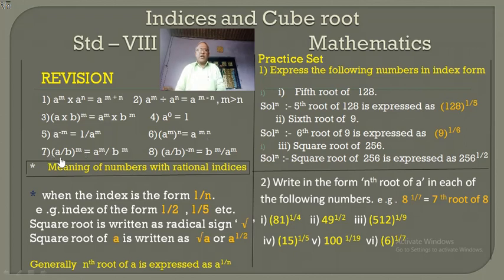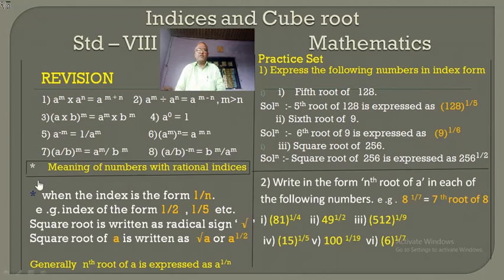Seventh, (a upon b) raised to m is equal to a raised to m upon b raised to m. Last, (a upon b) raised to minus m is equal to b raised to m upon a raised to m.